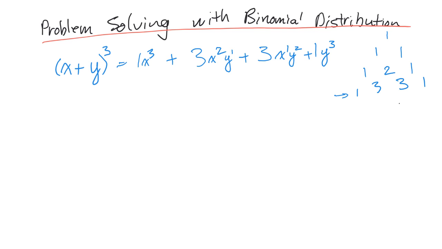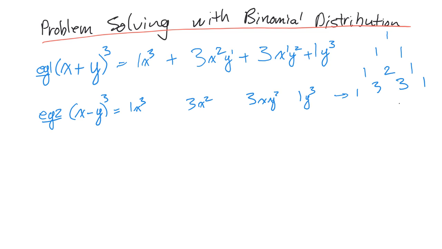Now, you could also do this problem again, but imagine if I had something that looked like this, example number 2, x minus y to the exponent 3. Well, you'll still use those same coefficients from our triangle, but now you're still going to use the x cubed, the x squared, the x, and the x to the 0, and then back from the left side, y cubed, y squared, y, and y to the 0.